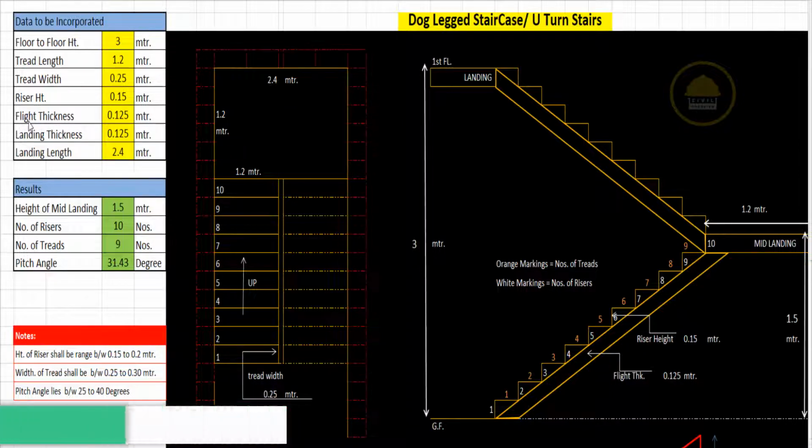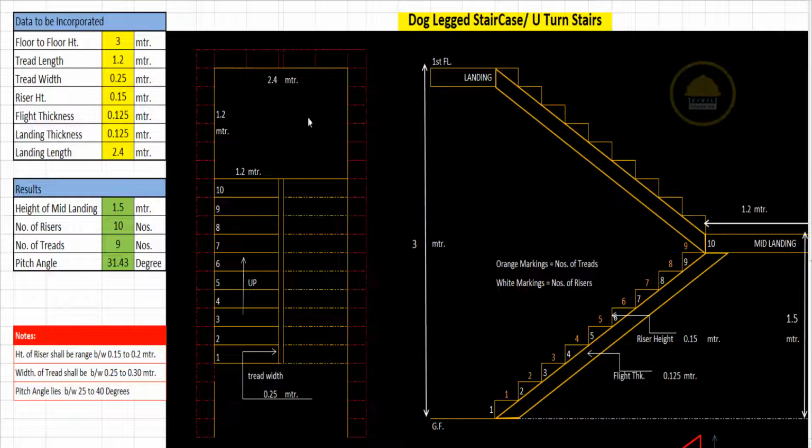Flight thickness means, this is the landing. The landing slab has some thickness, so as per your design you have to calculate that. And this is the flight thickness, meaning the waist slab thickness, which we have to incorporate in this data sheet.